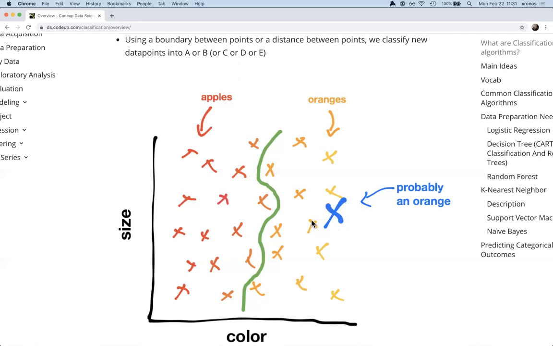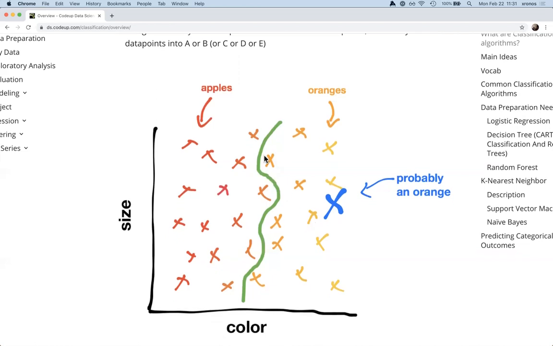What we're seeing in this decision rule is that apples and oranges exist across the same exact spectrum of sizes. They have the same range of sizes, and so size doesn't seem to be a determining factor here. But if we draw a boundary, and how do we draw the boundary? Well, we already know that the red X's are apples because we have labels for our training data.